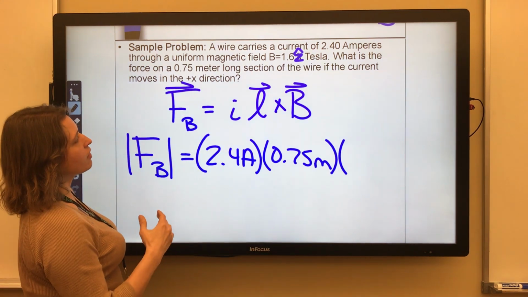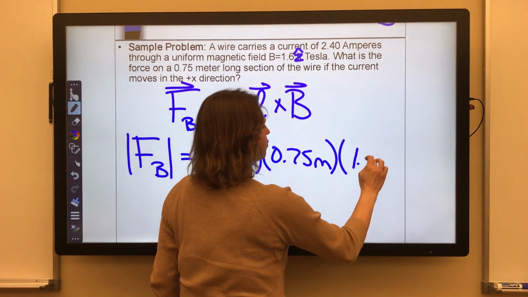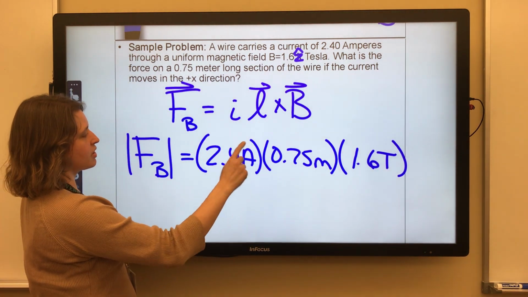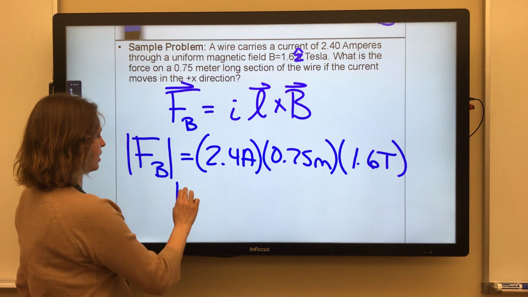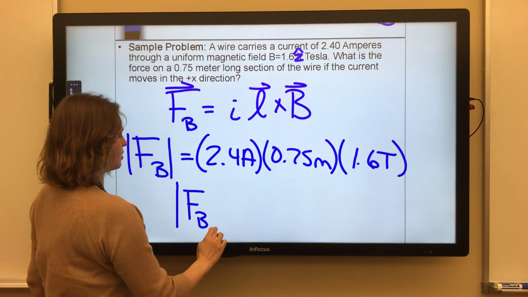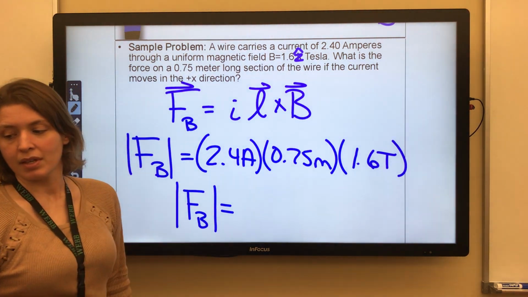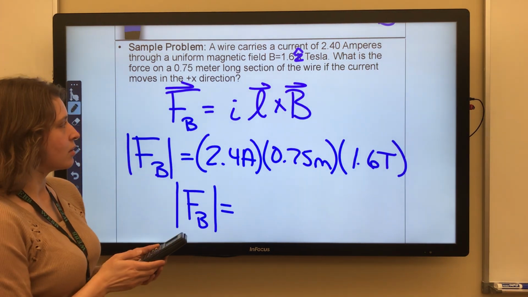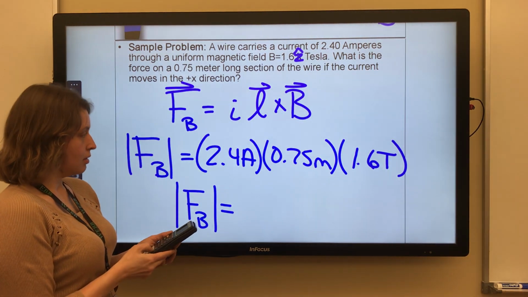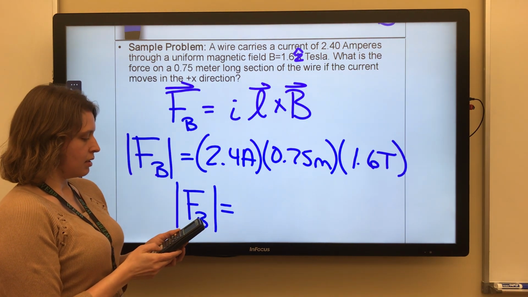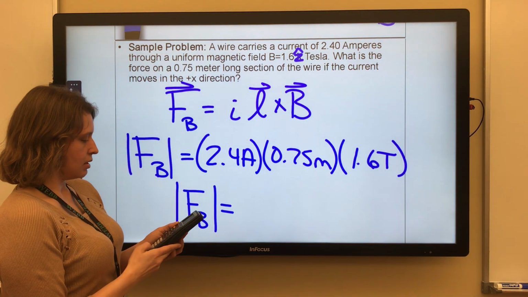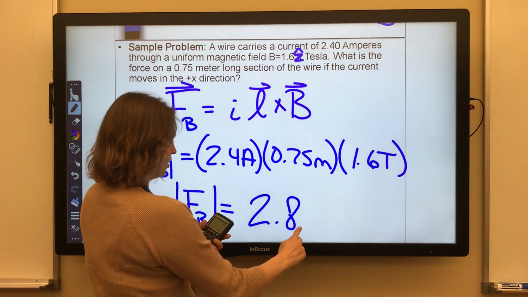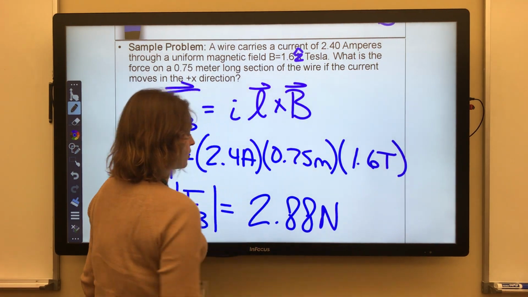And I know the magnetic field strength, 1.6 Tesla. I'm going to take amps times meters times Teslas, but that's going to give me units of newtons. I need to actually pull out a calculator. I cannot do this one in my head. Times 0.75 times 1.6. Yeah, okay, that seems reasonable. 2.88 newtons of force. Great.